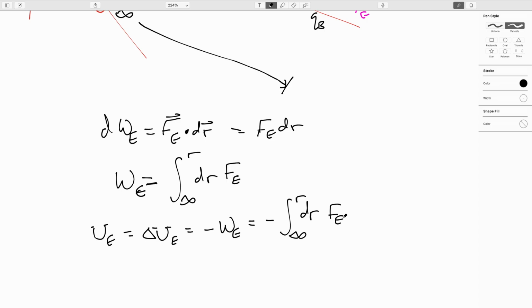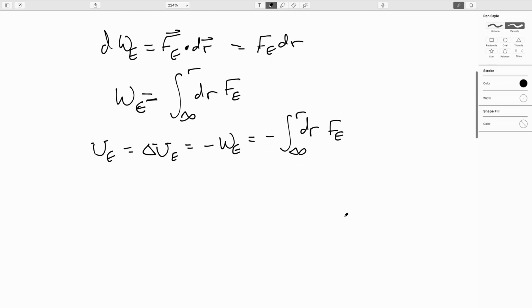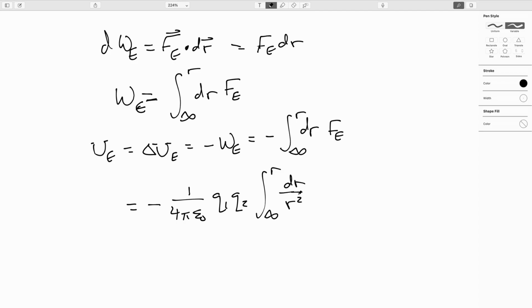All right, so let's go ahead and put in the electric force given by Coulomb's law, and I'll just pull all the constants out right away. So we have our minus sign. Coulomb's law will give us a 1 over 4 pi epsilon naught. If you prefer to write a k, knock yourself out. Q1, Q2, and we'll be left with the integral from infinity to r of dr over r squared.